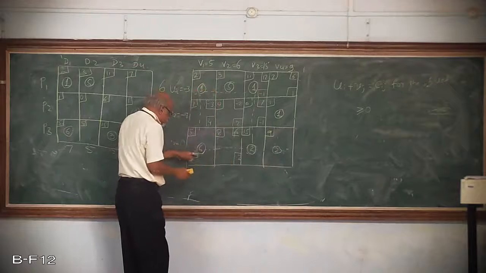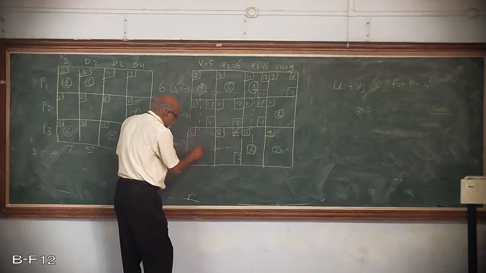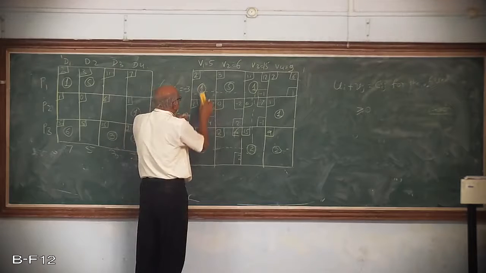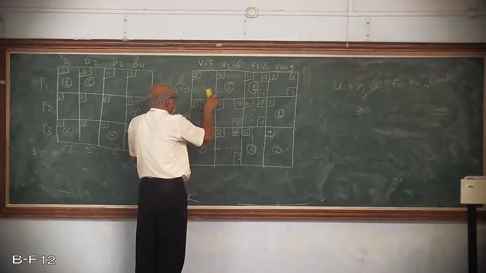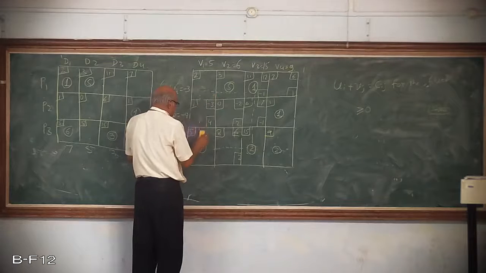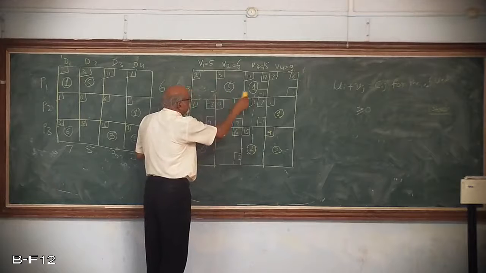Here instead of 6, it will become 7 because 1 is to be added. And here 1 minus 1, it will become 0. That means it will leave. And since it is just passing through, I will leave it as it is.